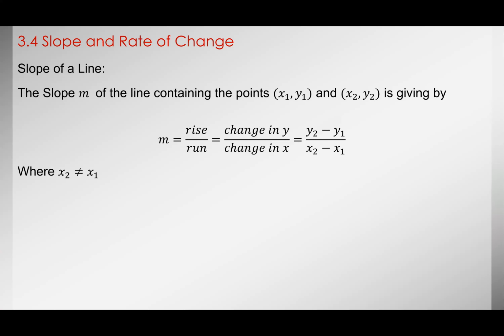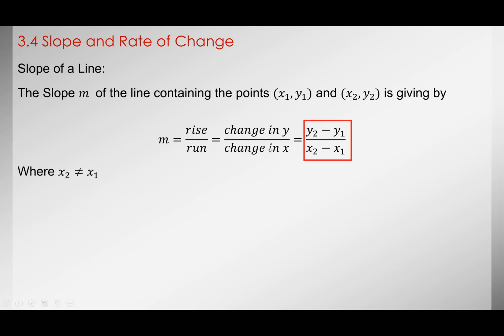So basically the slope of any line is this item right here, which is y2 minus y1 divided by x2 minus x1. So we say any slope is basically the changes in y over the changes in x, or, as you will hear me say later, the rise over the run.